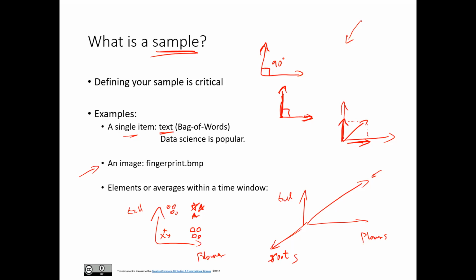And then there are many other things. It could be abstract things, like the number of elements within a time window. So for instance, in networking, you want to build an intrusion detection system. You might want to analyze things on a per packet basis, but you could also say, well, one packet doesn't do this problem justice.